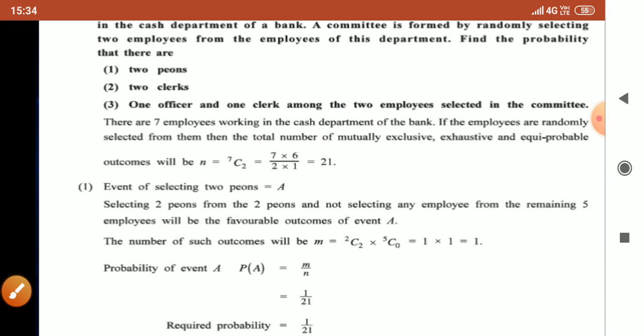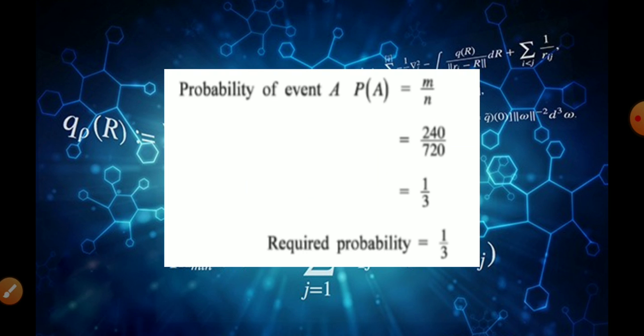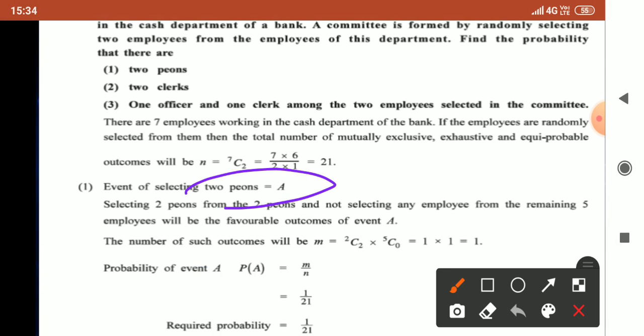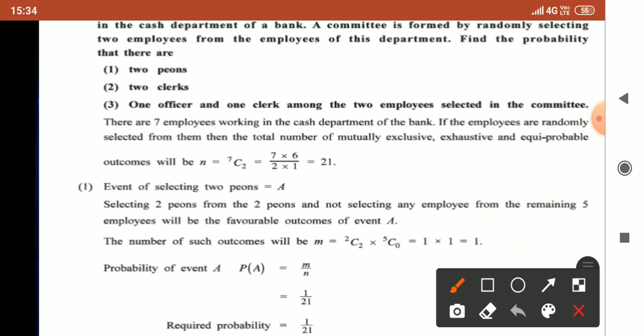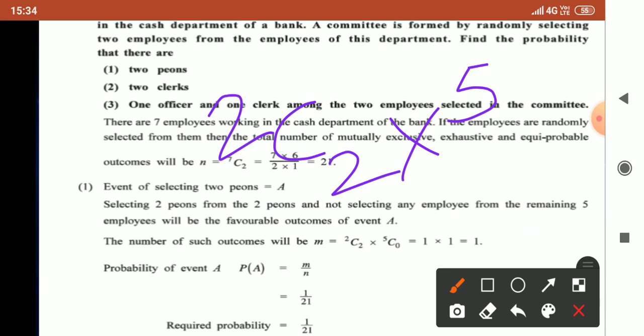Now, number 1, selecting 2 peons. There are 2 peons, out of them I have to select 2, and the remaining 5 persons are there, out of which I will select 0.